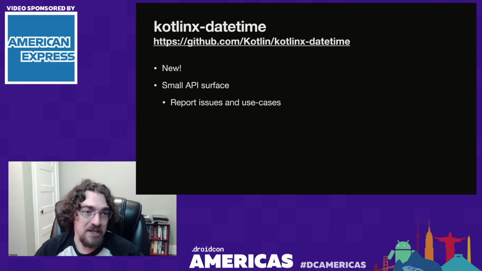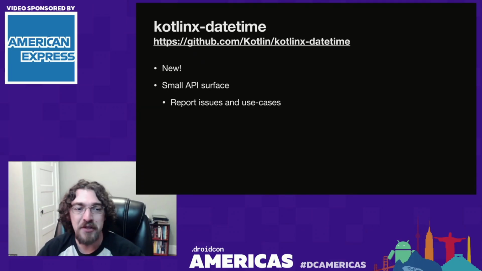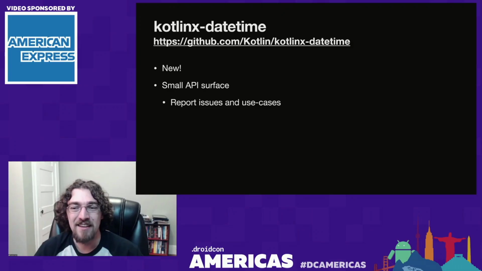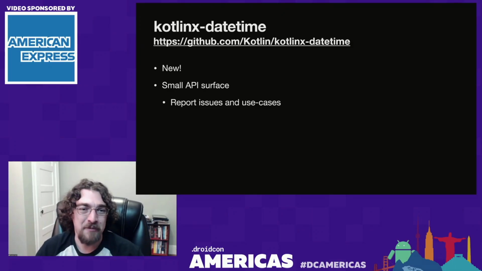On the more experimental side, there's been a first preview release of a datetime library. So this has been a long-standing request from the community to have a common date abstraction. So the Kotlin team has finally put one out as of a month or two ago, a little longer now maybe.